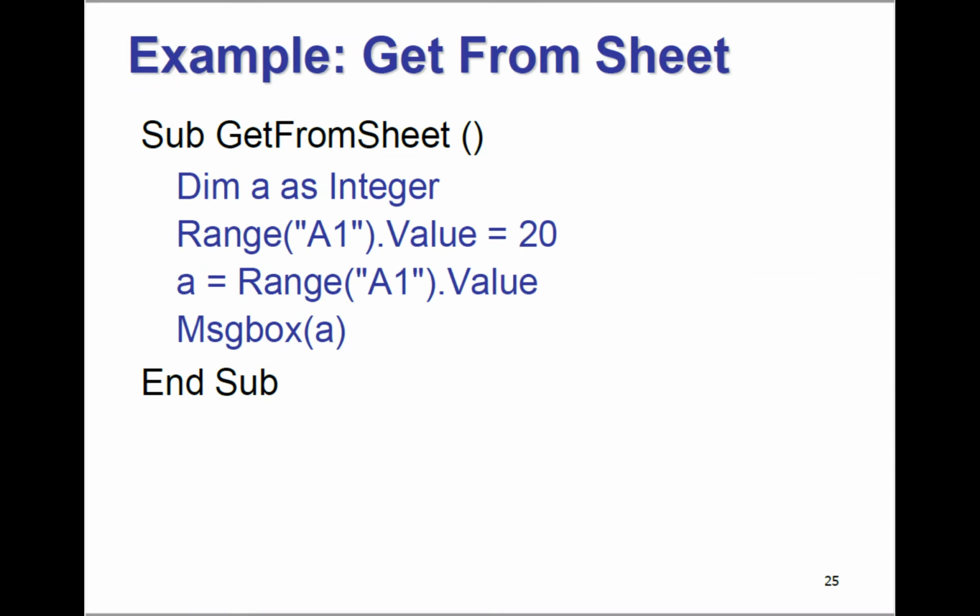Basically what I'm doing here is I define a variable and set it to 20, and then I assign variable A according to value 20, and then a message box gives us the value. So let's see what we have here. The value is 6 here, but at the end we'll get 20 because this is what we do.